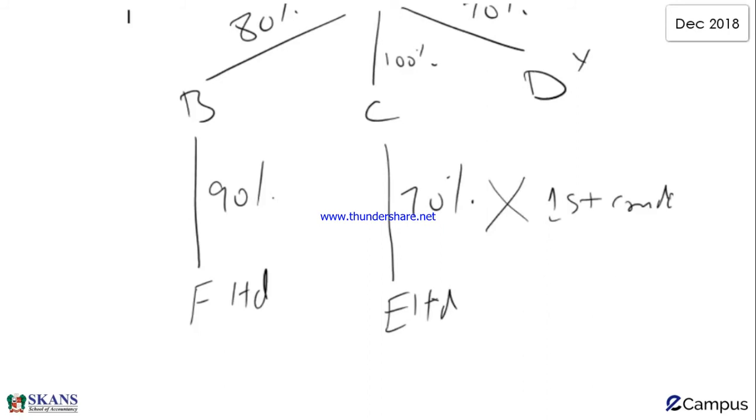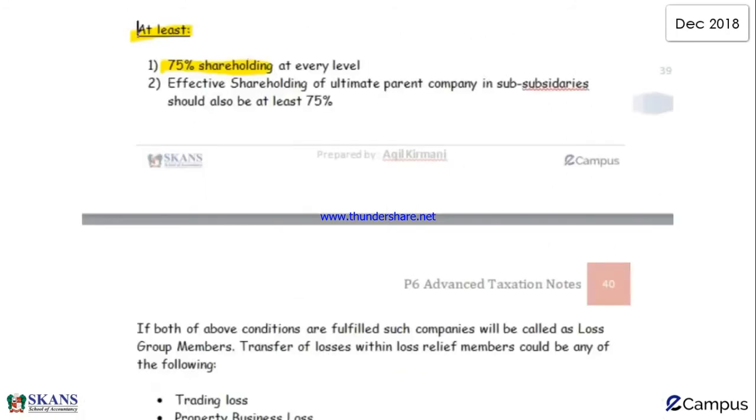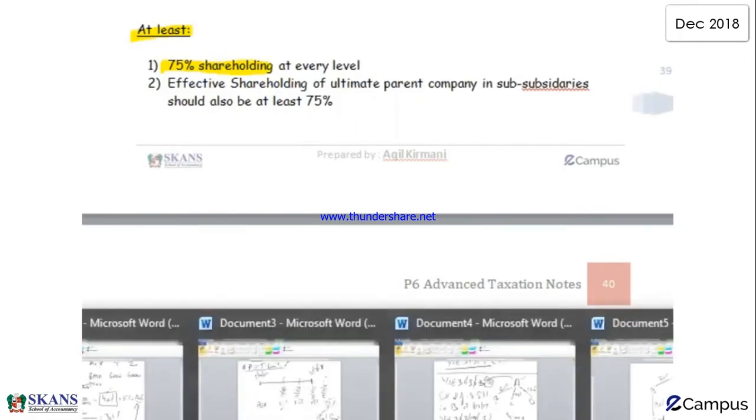So just forget about the second condition. By the way, if you would do that, even then it would be 0.7%, which is less than 75%, as the effective holding of the ultimate parent company, A Limited, in sub-subsidiaries should also be at least 75%.